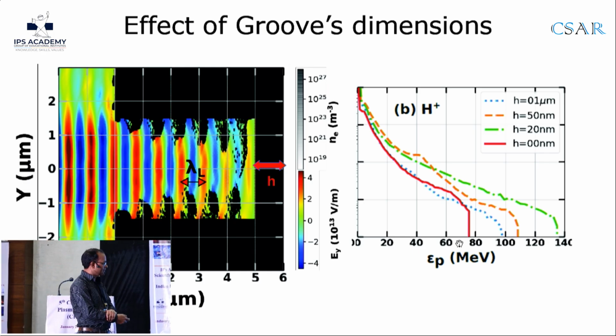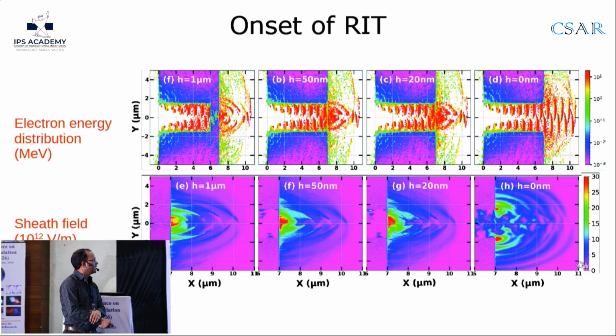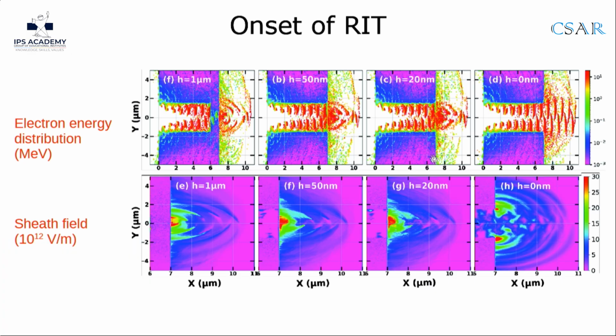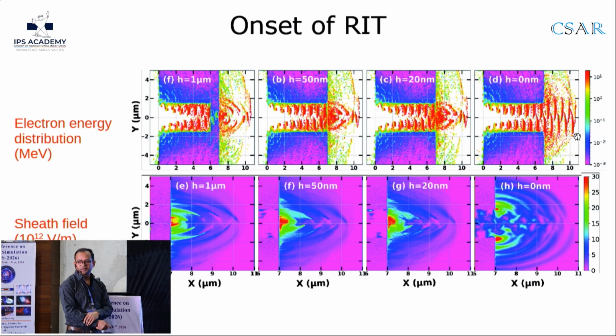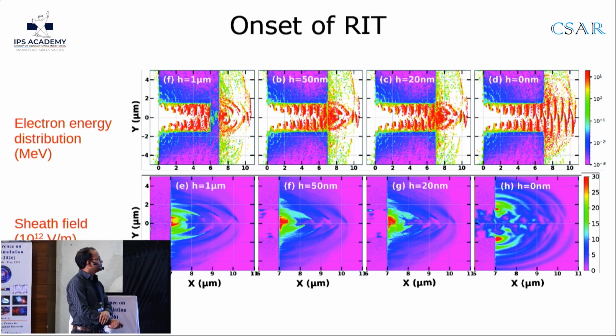So we try to understand that, and what we saw is that once you have around 20 nanometer of the foil in the back, there we have an onset of RIT, relativistic induced transparency.